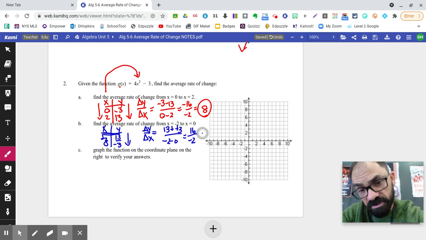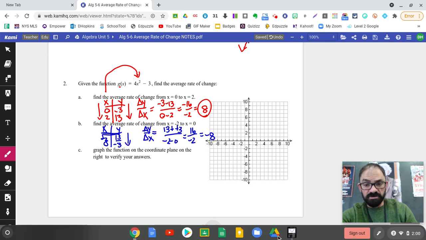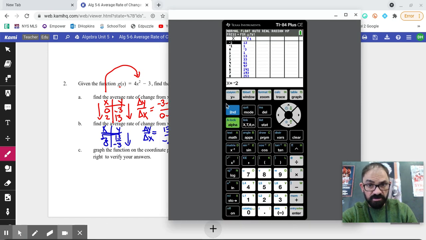All right, let me see if I made a mistake here. Because this one I got negative 8. Let's take a look. Let me see here. Let's look at our table of values again. 0 is negative 3. 2 is positive 13.